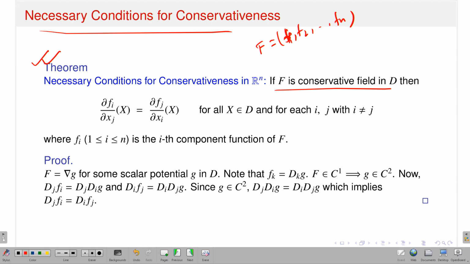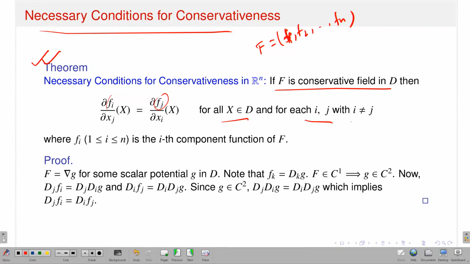Then I am saying that if capital F is a conservative vector field, and I consider the component functions fi and fj, then the partial derivative of fi with respect to the xj variable at the point x is the same as the partial derivative of fj with respect to the xi variable. This is true for all x and for all i, j with i not equal to j. So, for i not equal to j, take two component functions small fi and small fj.